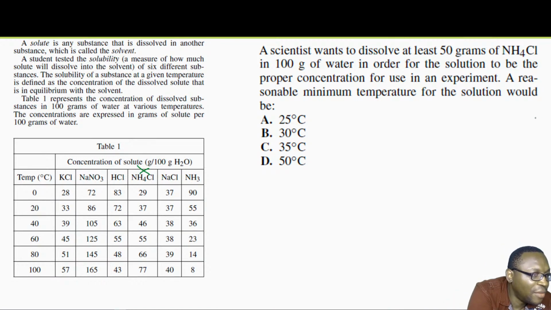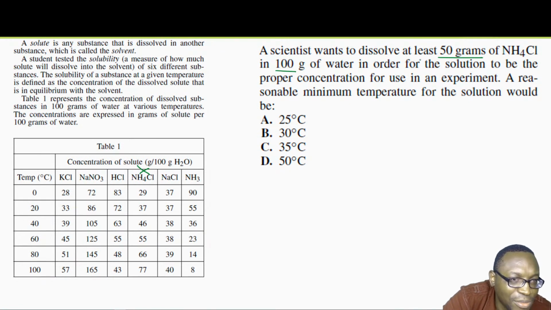So we have 50 grams of NH4Cl in 100 grams of water. So that's going to be your concentration. We want to find out under what temperature can we get 50 grams of NH4Cl in 100 grams of water.